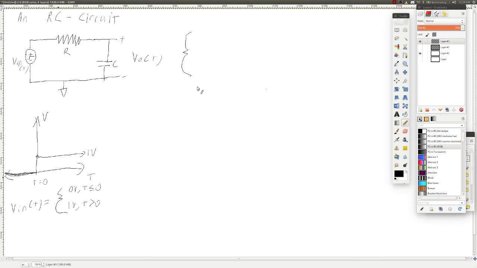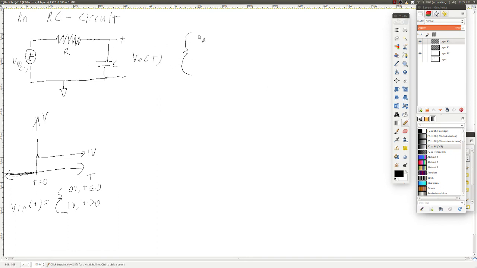What that means is that there is no power supplied to this circuit from the beginning of time up until t equals 0. If there's no energy on the circuit, then that means that there's no energy being dissipated anywhere in here. That means there's no current through this resistor, there's no voltage across this capacitor.